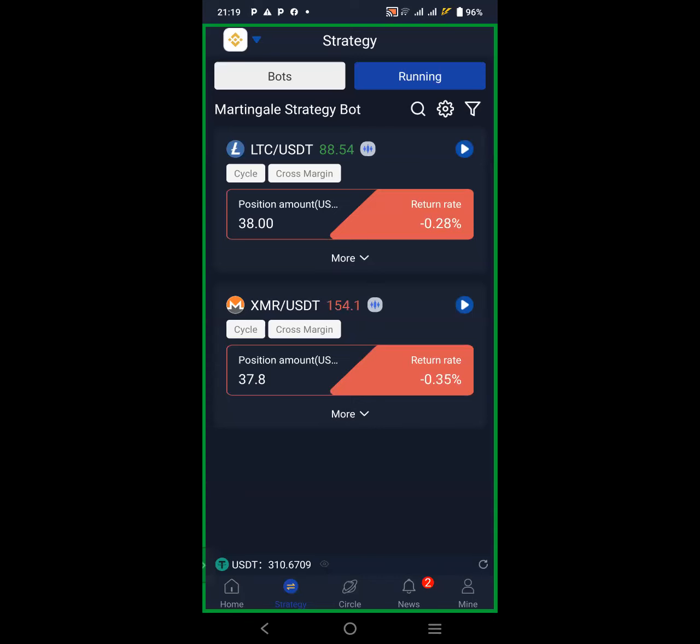That's when you're going to see it's plus, not minus, and the color will be green. But anytime your entry price is higher than the current market price, you see it in red. So RoyalQ is only giving you a representation of what is happening between the time you enter the trade and the current market price in real time.